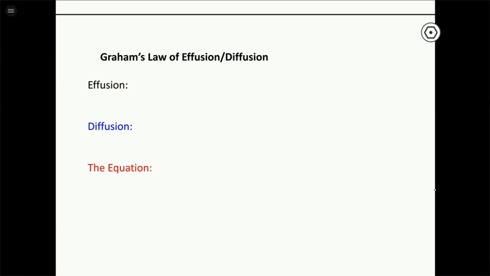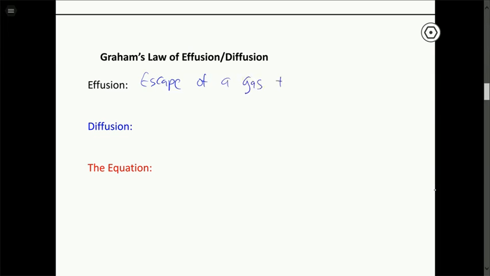All right, so there are two different definitions here, effusion and diffusion. Effusion is escape of a gas through a small hole. Another way to think of effusion is leak rate. So how fast does a gas leak if we have a container with a small opening that the gas can leak out of?